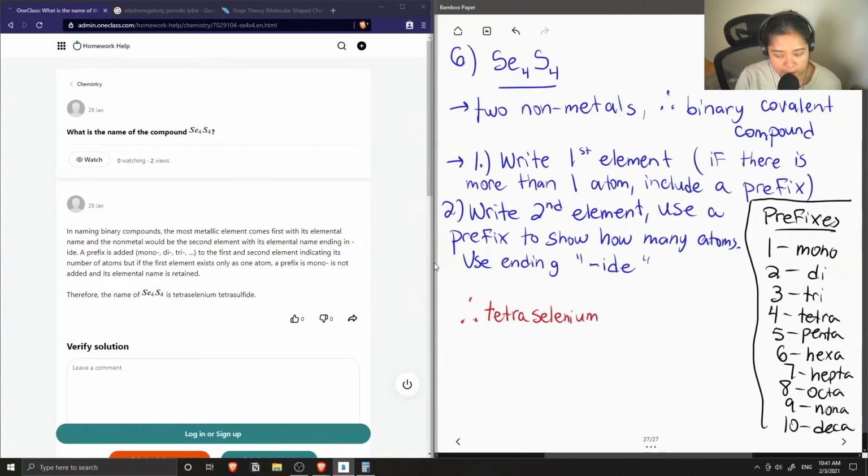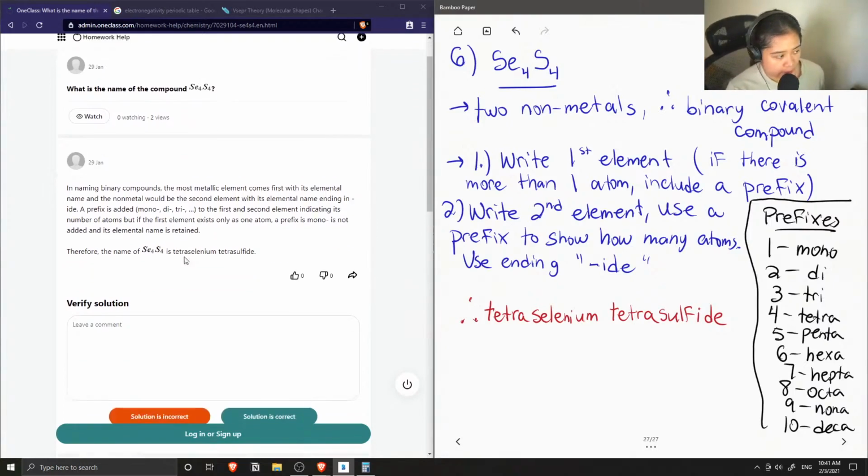And then for my second step, I need to write the second element and use the prefix of tetra again. So tetra. And then from here, I would write out sulfur, except instead of continuing writing sulfur, I would end it in "ide." Okay, so the name of this compound is tetraselenium tetrasulfide.